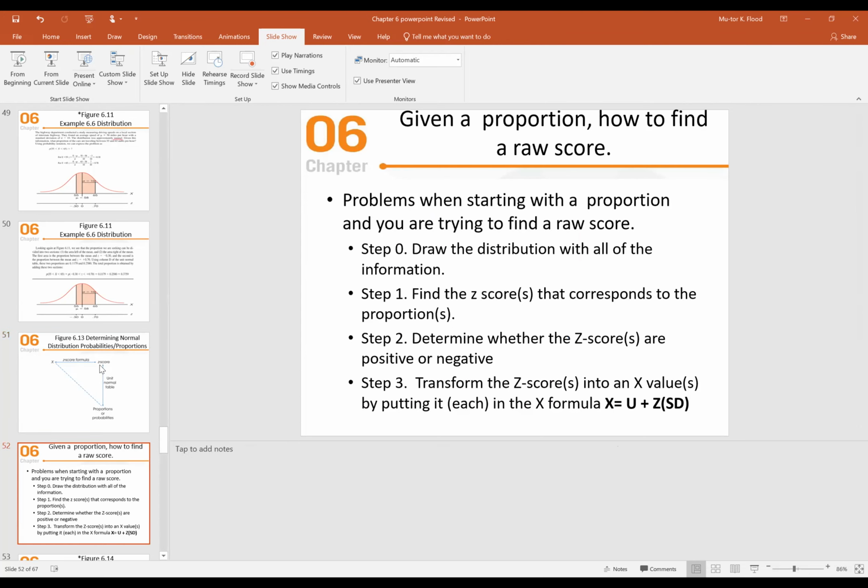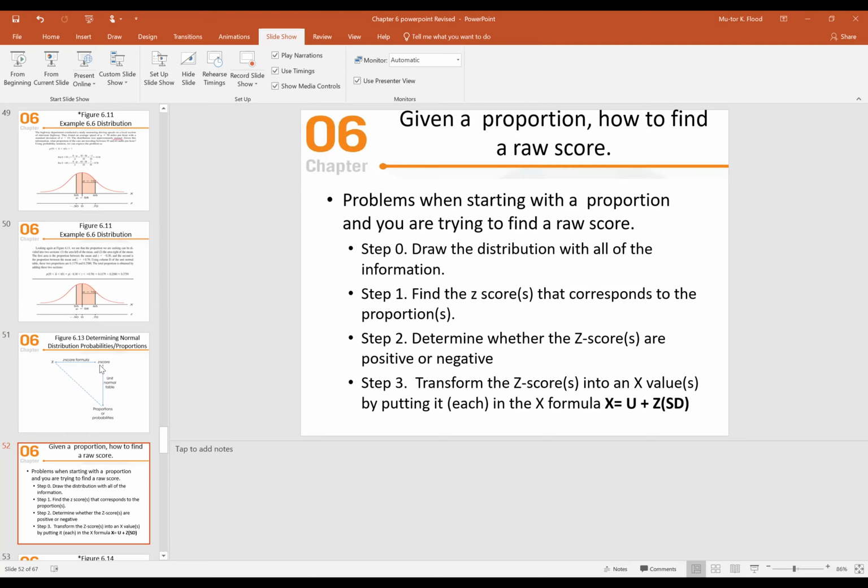Okay. So let's do some of those questions where we go through the whole thing. Given a proportion, how do we find a raw score? So the problems start with a proportion and you are trying to find a raw score. The first step is to draw the distribution with all of the information that you have.